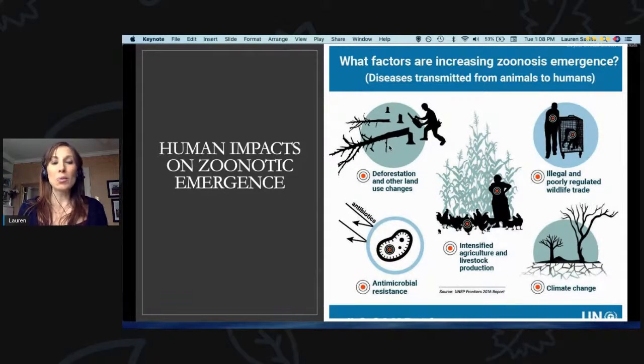When we shifted to these more large-scale factory farms, we put animals in very close contact with each other, which can easily spread diseases among them. This leads to an overuse of antibiotics, and then that leads to the third thing, which is antimicrobial resistance.